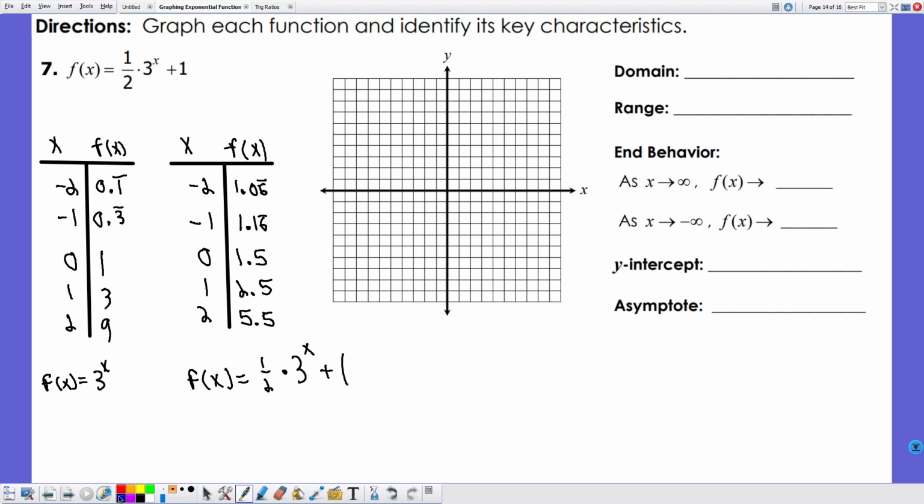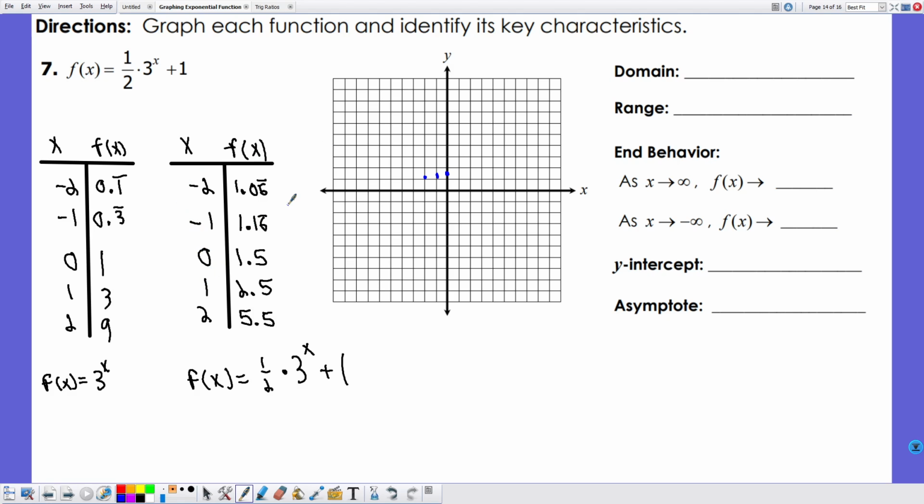So how does this look when we graph it? Well, at -2, we are at 1.05, so just slightly above 1. And at -1, we're at 1.16, not much higher. At 0, we're at 1.5.